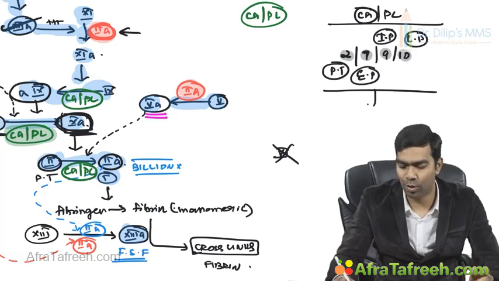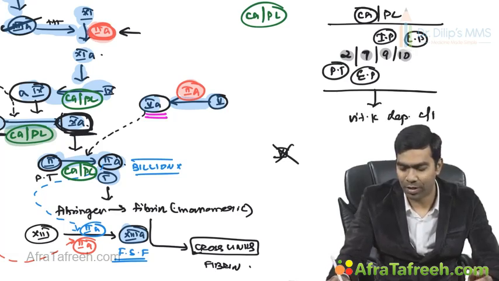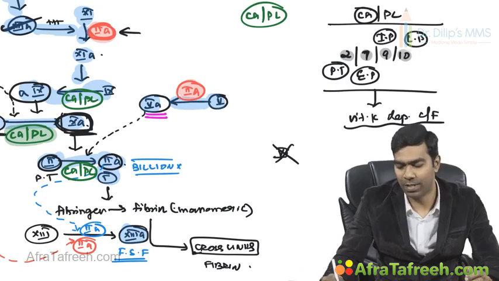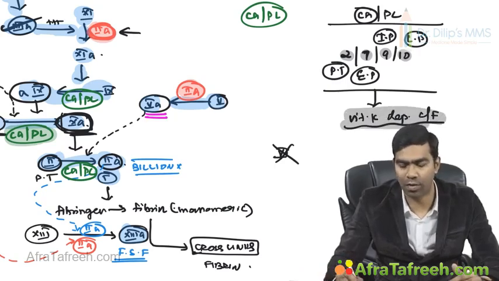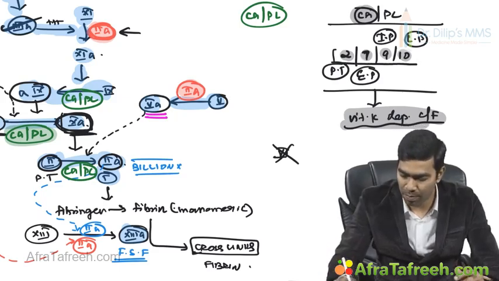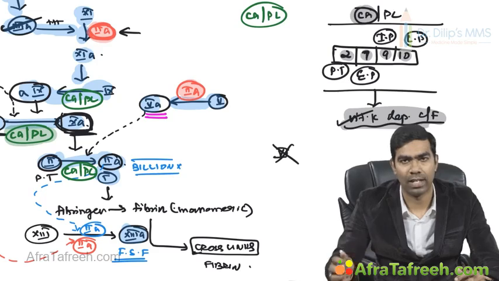Incidentally, you can also note these factors are nothing but the vitamin K dependent clotting factors. Which means they are not only vitamin K dependent for production in the liver, but for activation they also depend on calcium. Please do understand, for proper production of these clotting factors you need vitamin K in the liver.